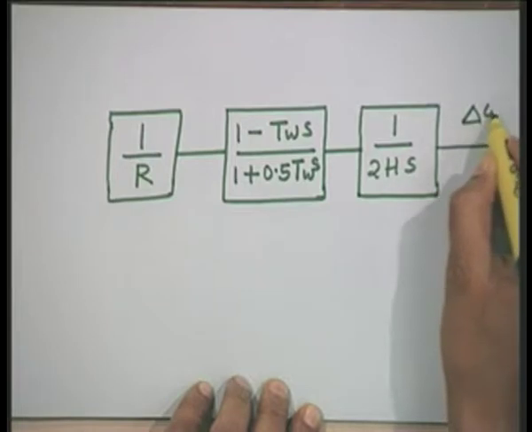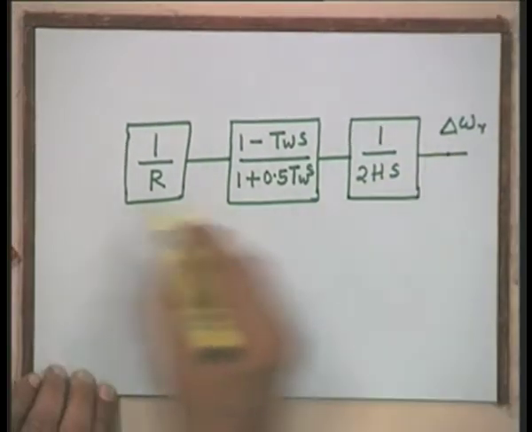This becomes my speed deviation delta omega r.